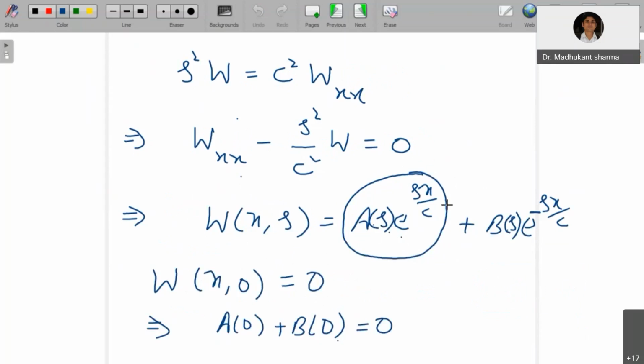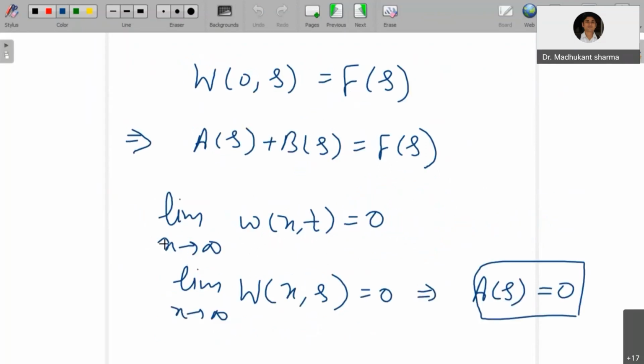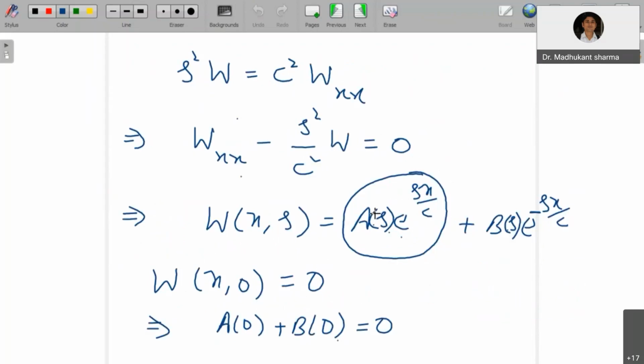Only then, because this can never be 0, e to the power sx by c is going to grow exponentially. So to accommodate this condition, limit x tends to infinity w of x comma t is 0, we must have limit x tends to infinity w of x comma s is 0. And to have this, a of s must be 0.